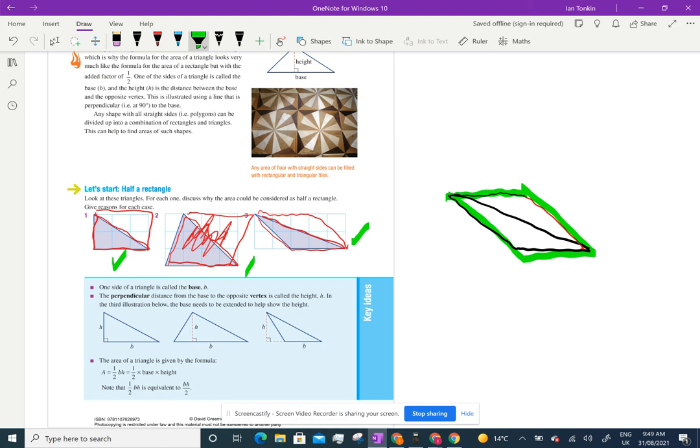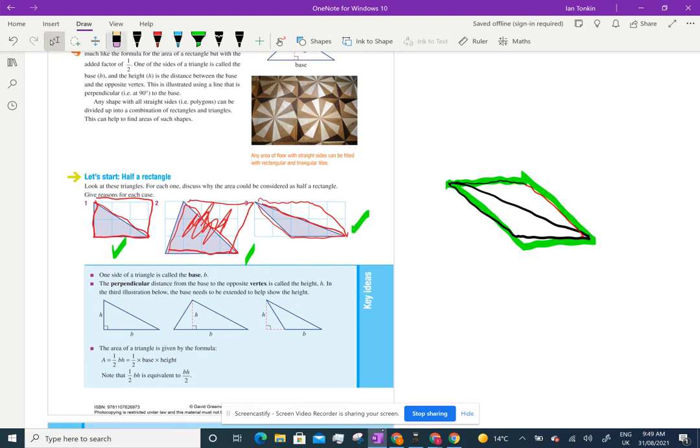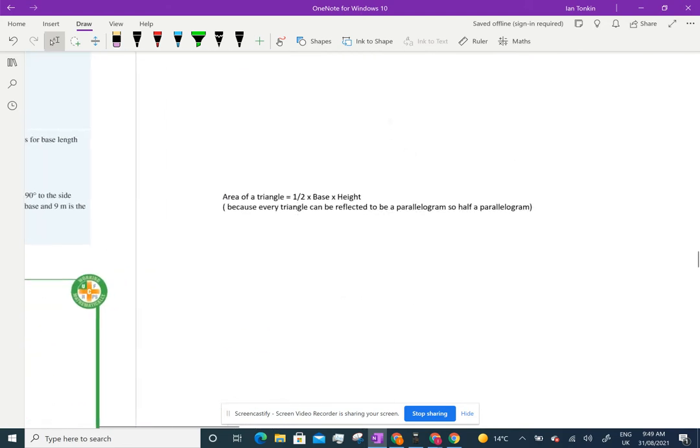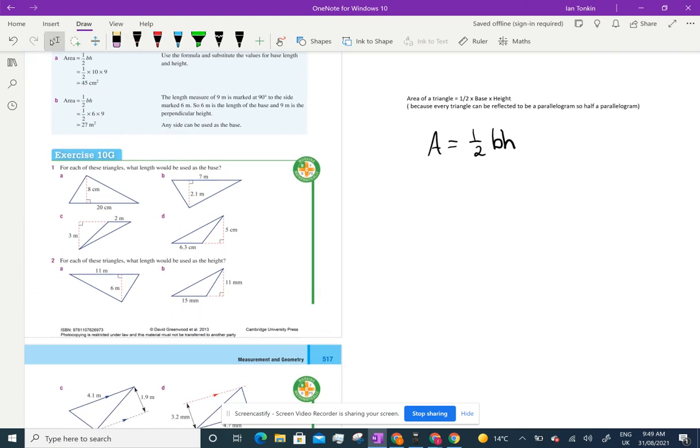So the area of a triangle is a half base times height because every triangle can be reflected to be a parallelogram. So a triangle is half a parallelogram, and that's what we're going to use. Area equals a half BH. Once you know that, you just need the perpendicular height.